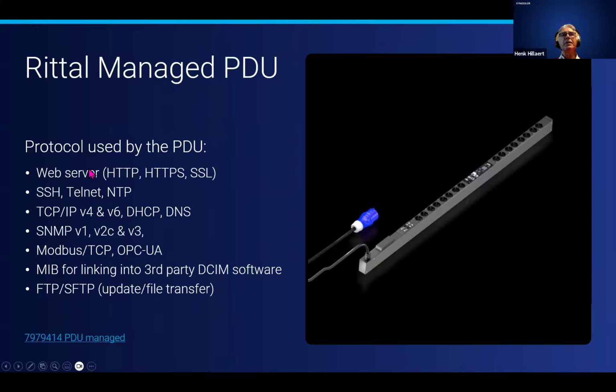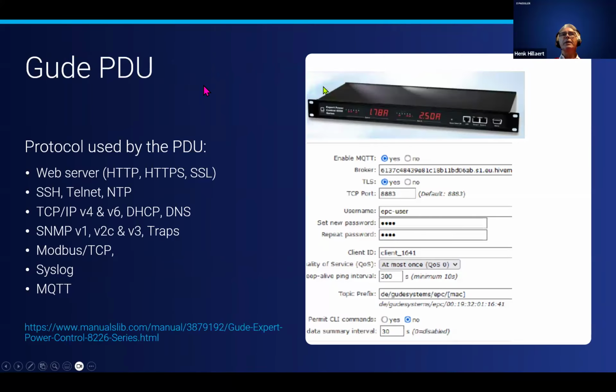Here are the protocols. Again, not always everything is enabled by default. We will see that on the next slide, that certain things offer that by default in setting it up, but yes, you can do that. A Gude, also a well-known European vendor. You see here a screenshot from the interface when configuring the PDU.